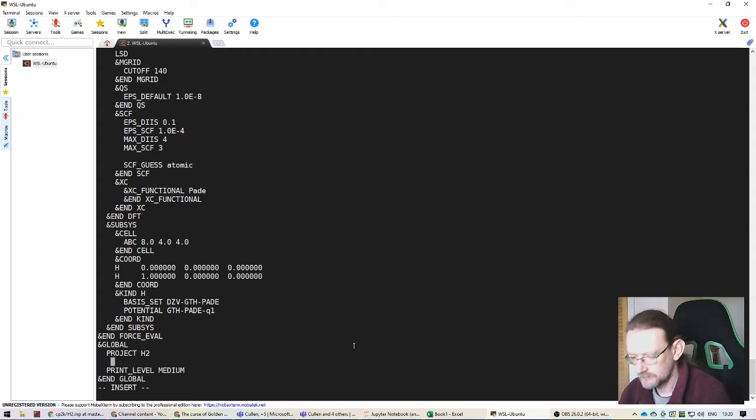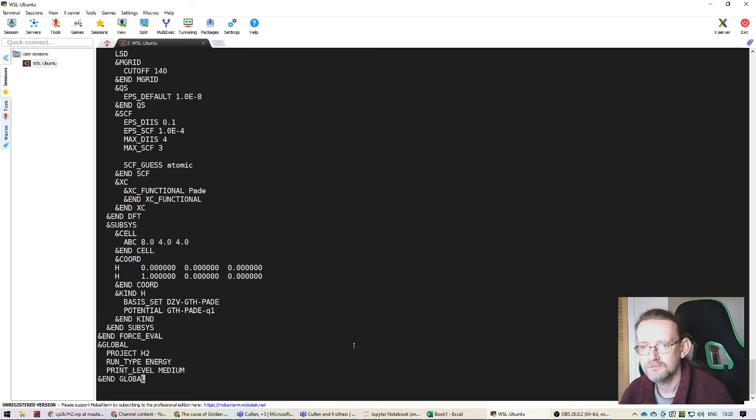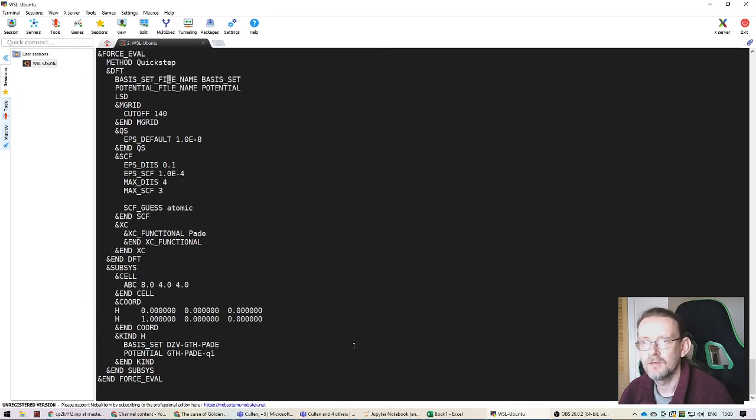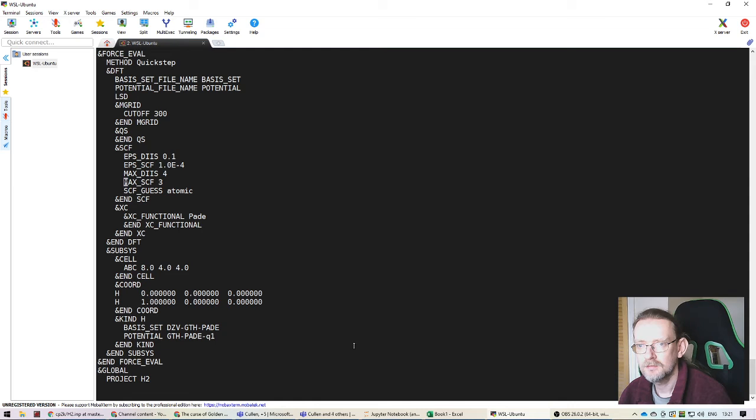And I can give it run type energy. And this time in the force evaluation section, I've now got that the method is this Quickstep method, this density functional method. Now, let's try running this, let's see what we get.